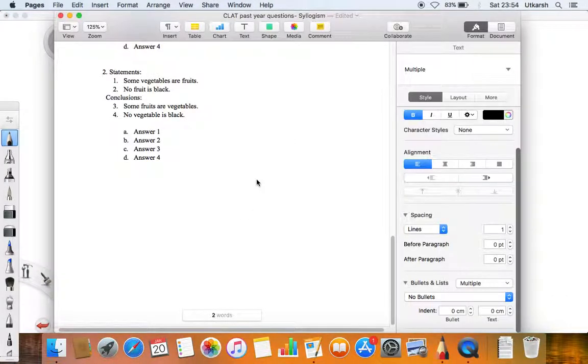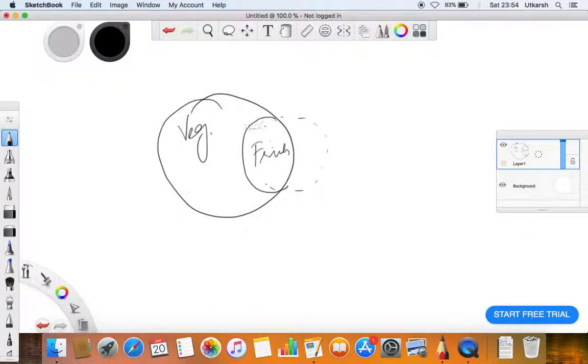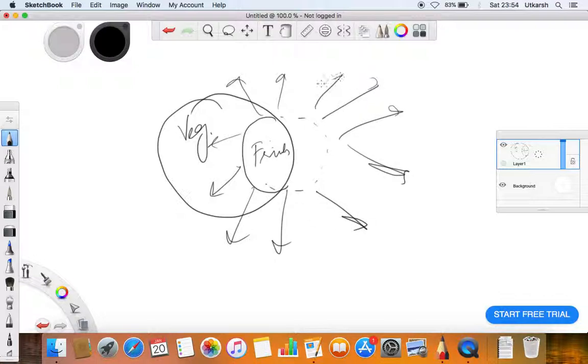Same thing here. No fruit is black. So if this plate is the fruit and nothing in this plate is black, everything outside this plate can be black. It's a possibility. But this plate itself, nothing on this plate is black.